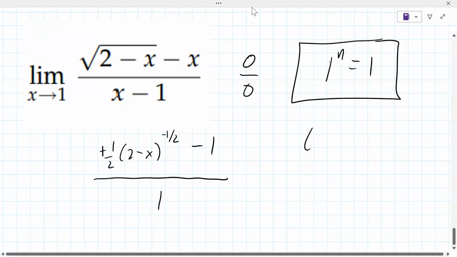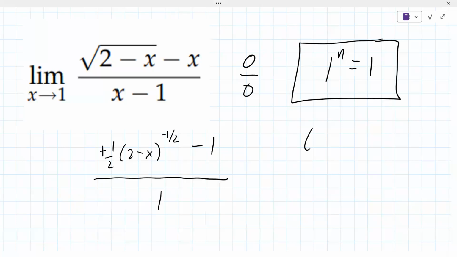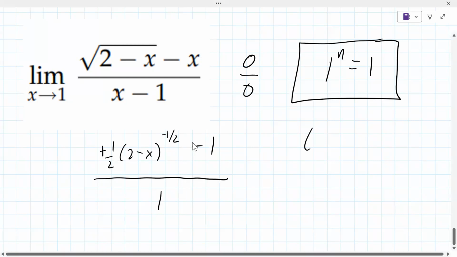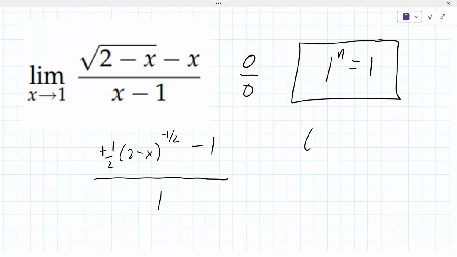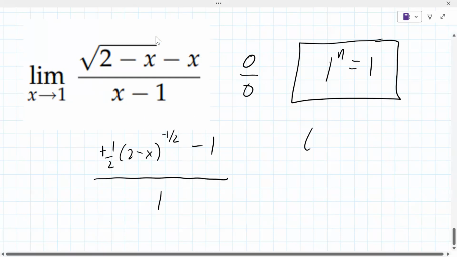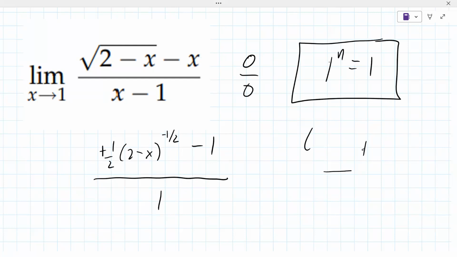So I'm looking at the solution. I wonder if they have a mistake in their solution. I feel like I got a sign error. Minus x negative.